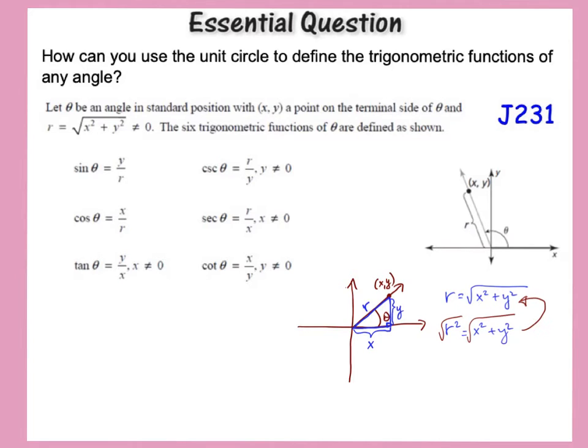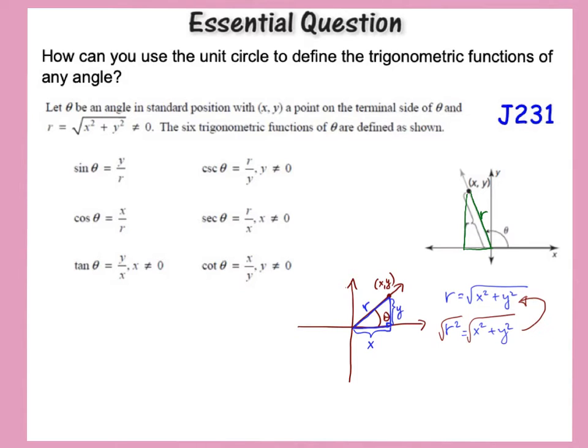Now, how would that look if we are looking at the diagram that the book, or the lesson, actually gives us? So in this diagram, I would create a right triangle right here, where this part here is the hypotenuse, which is the radius that they had labeled on the left-hand side.